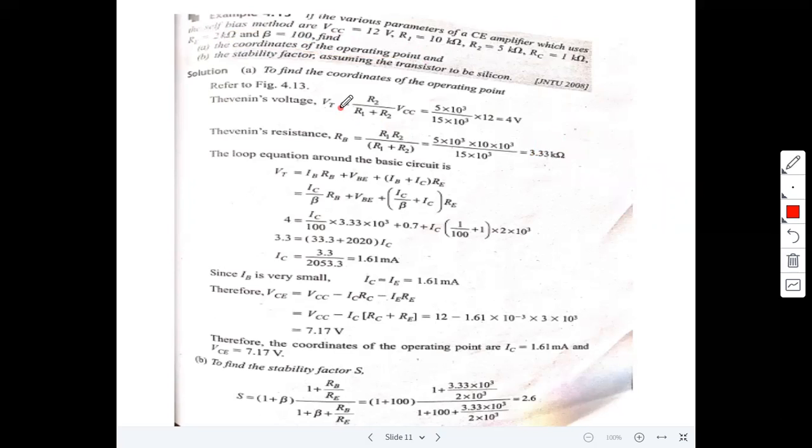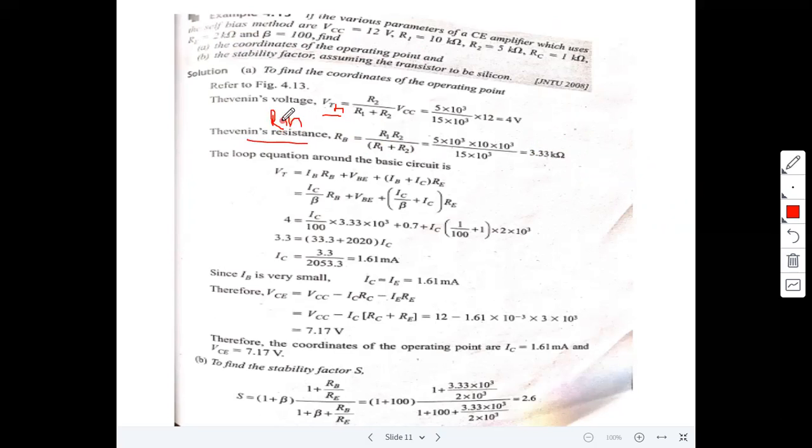First, I have to calculate the V Thevenin. In this problem, I consider VT as the V Thevenin and RB as the R Thevenin. Don't get confused, RB is equal to R1 into R2 by R1 plus R2, the Thevenin resistance.